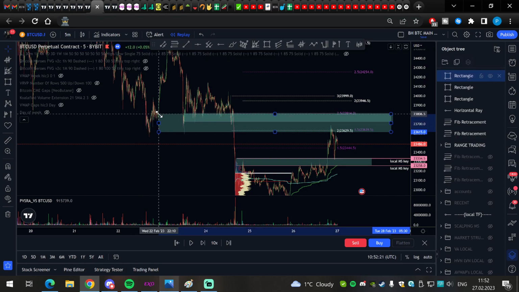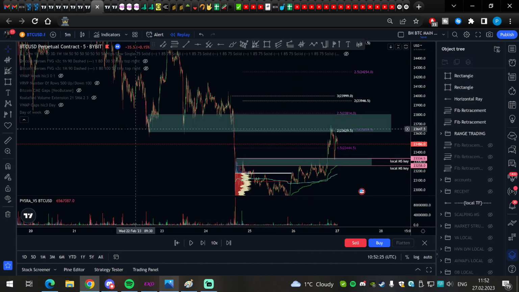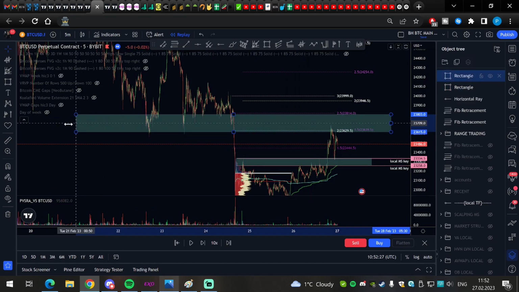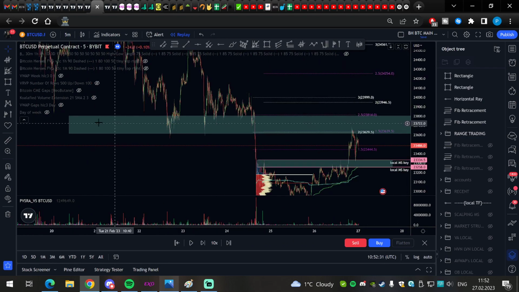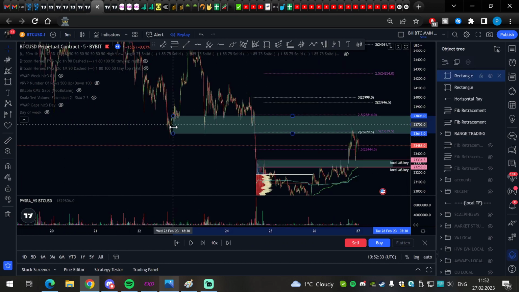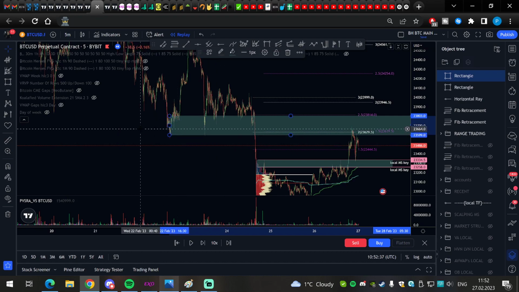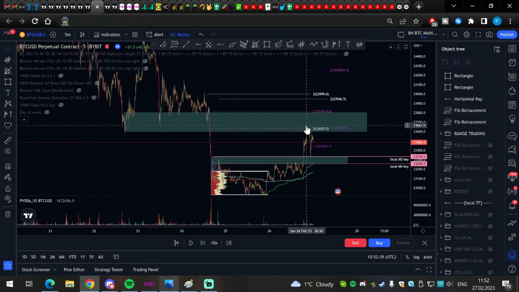So it's like a larger zone here. You see? Especially these two lows, that was the main target here.